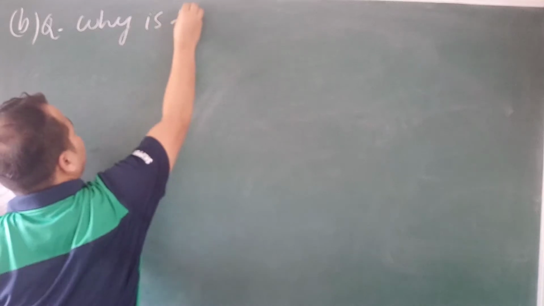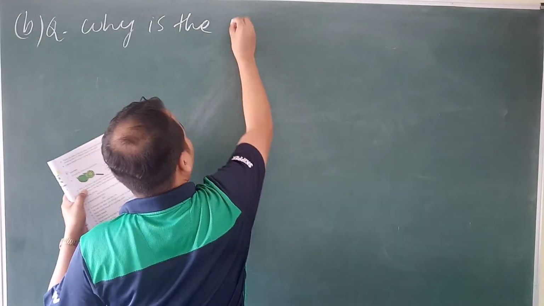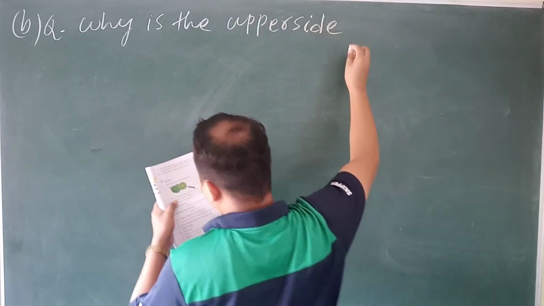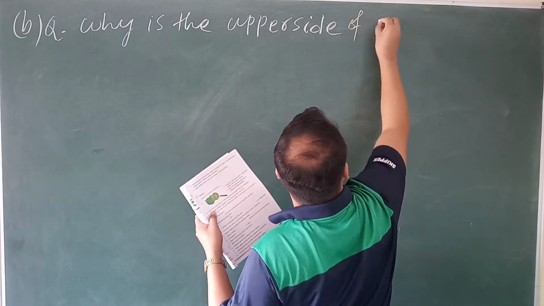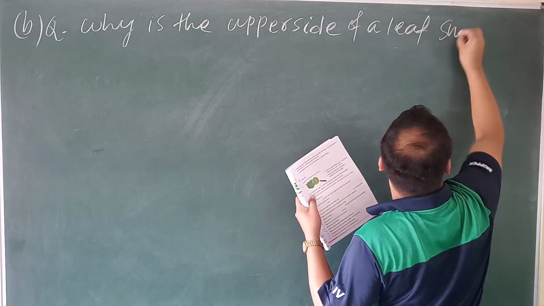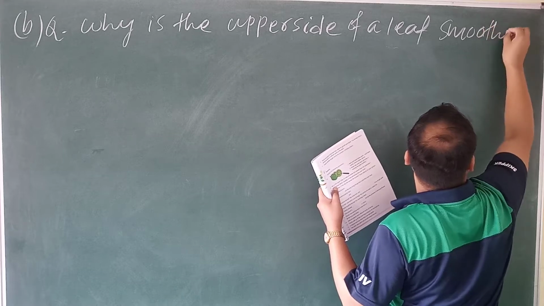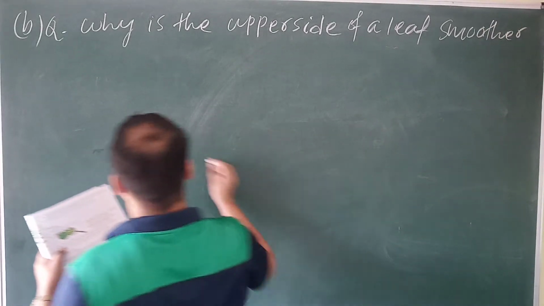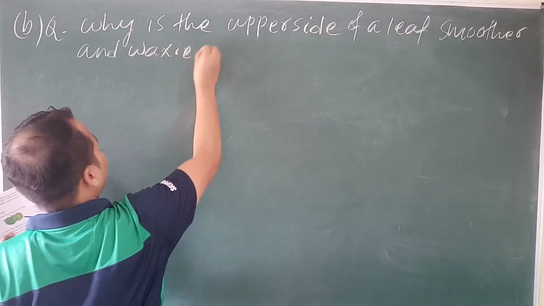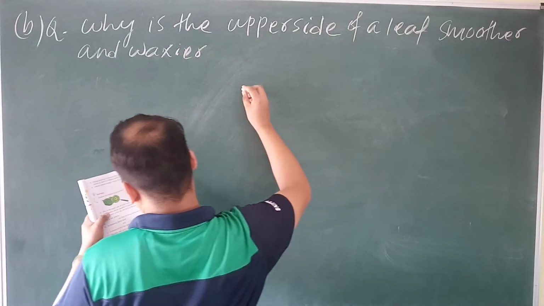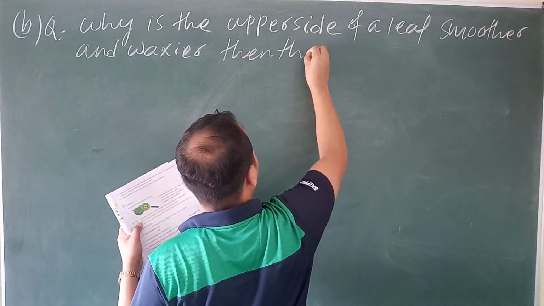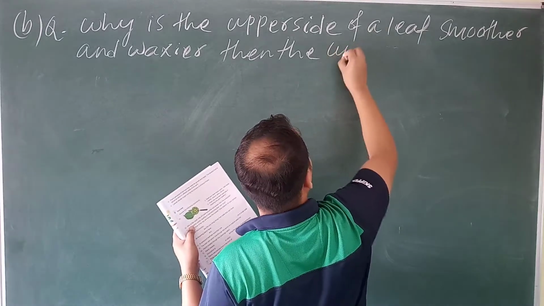Why is the upper side of a leaf smoother and waxier than the underside?